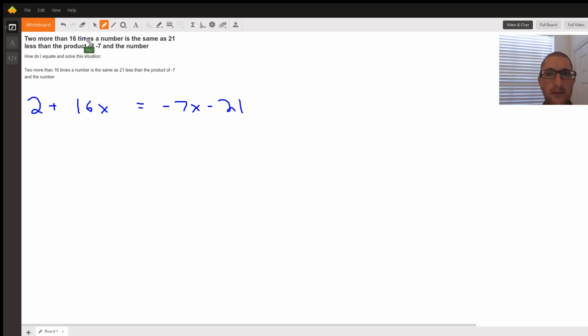So take a moment now and make sure that this makes sense. Pause the video if you have to. But assuming that this does make sense, we can move on. The next part is the same as, which translates into equal. So that's where the equal sign is coming from. And the next part's a little bit tricky. I actually wrote it out of order because I think it looks a little bit better this way.